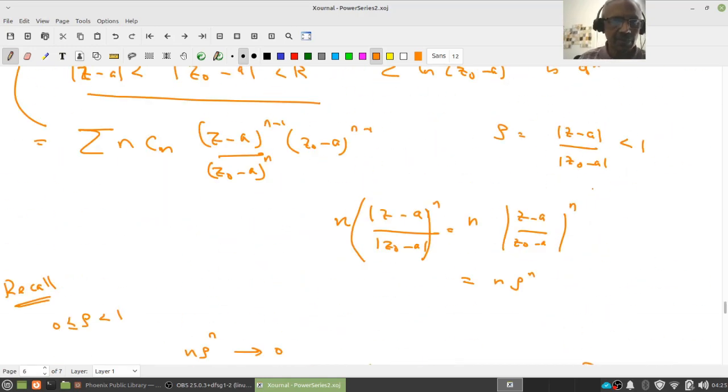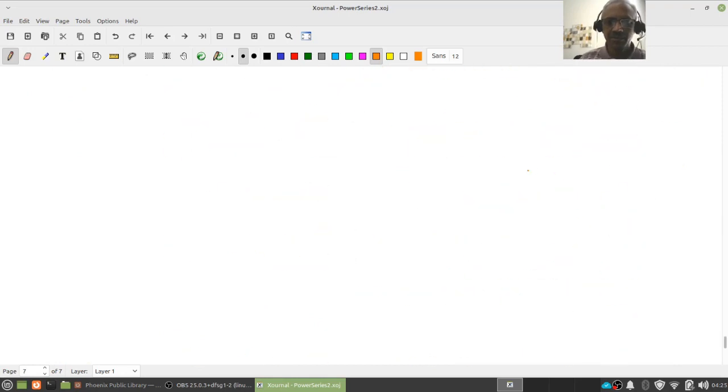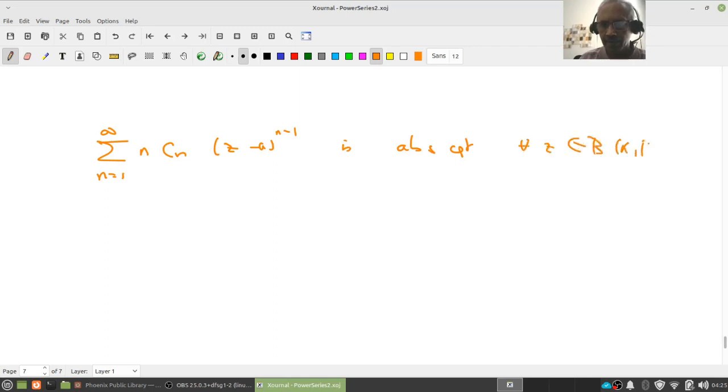Therefore I have shown this term-wise differentiated series is absolutely convergent for every z in B(a, R). You understood?